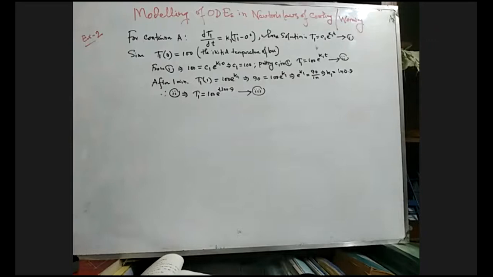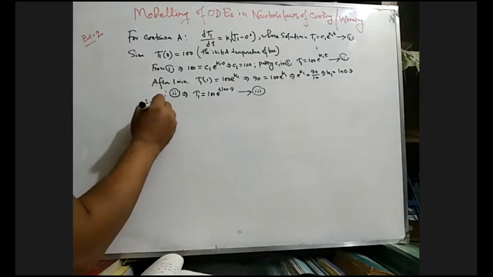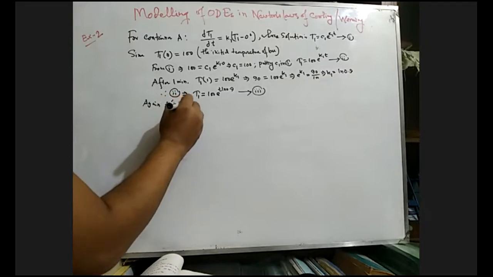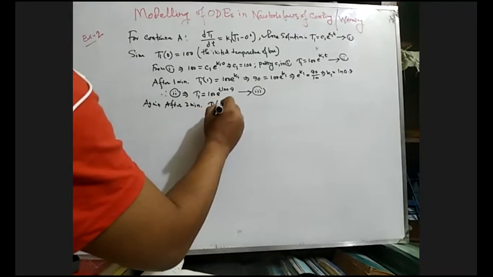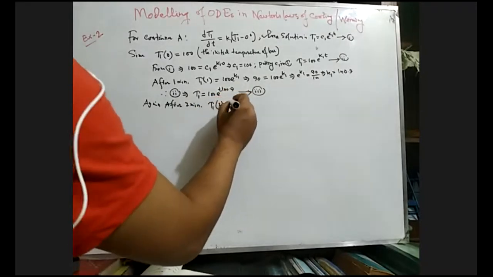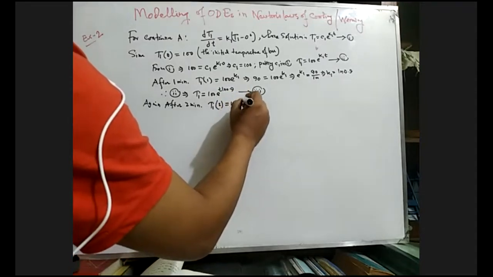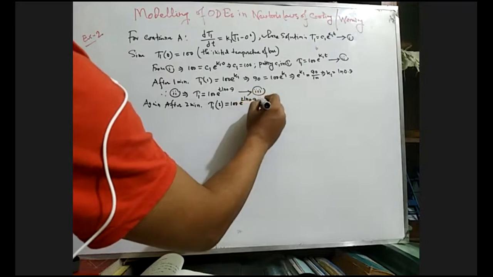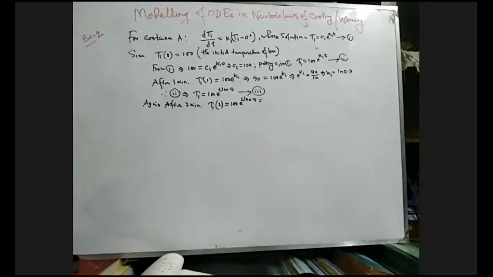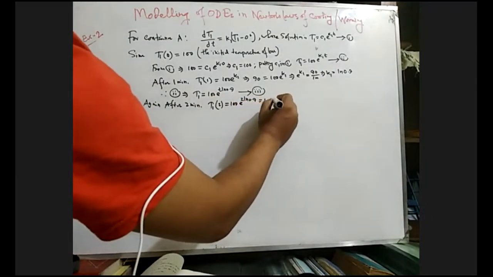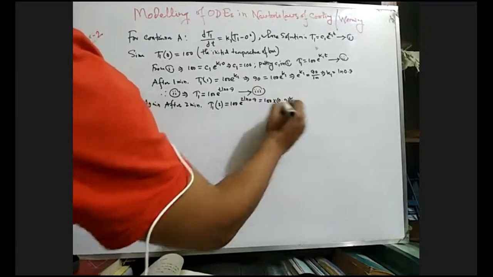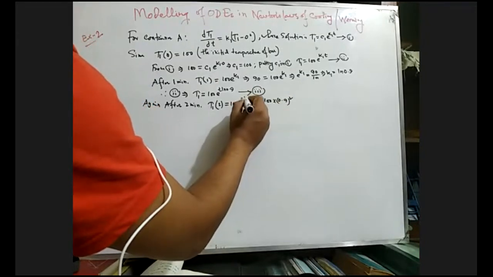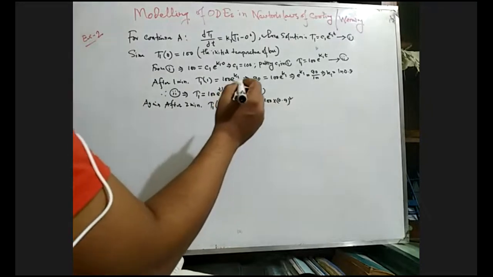Again after 2 minutes, the value of T1 will be 100 e to the power 2 ln 0.9, which is 100 into 0.9 whole squared, because the 2 before ln becomes the power of 0.9.